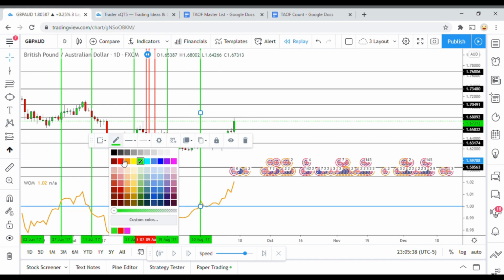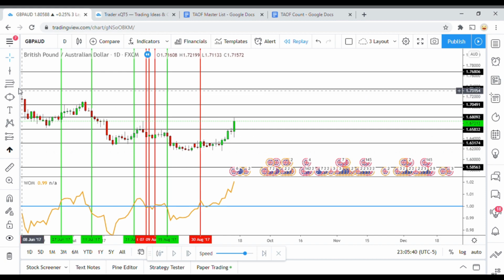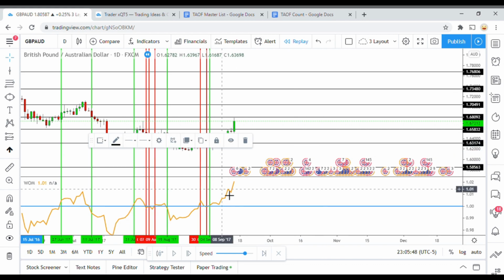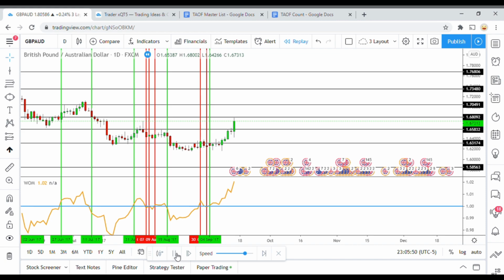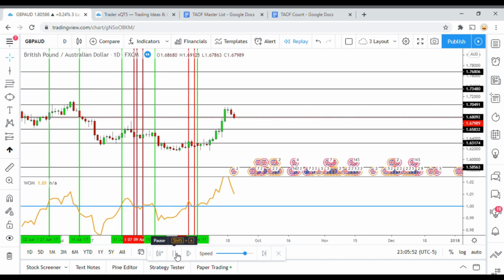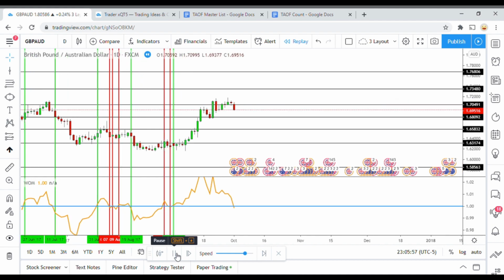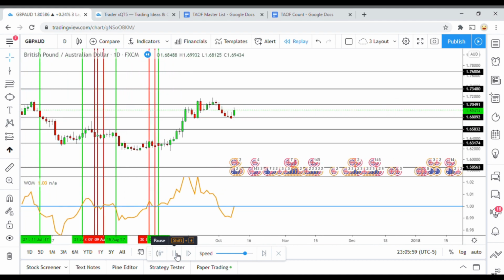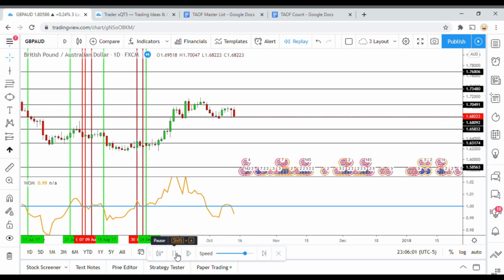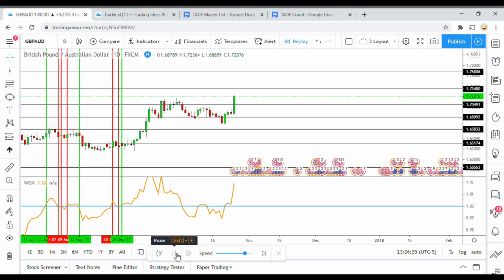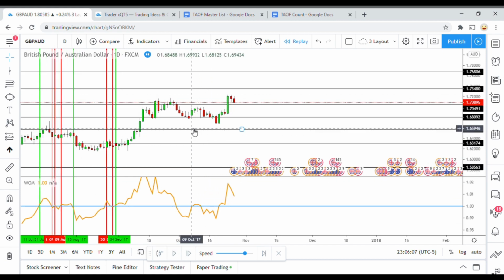So we get a punch to the upside there. Comes down and stops us out pretty quickly right there. Finally catches us a good trade to the upside there. Moving on here. Price action made a good push up, seemed to have rolled over and is starting to push its way down.